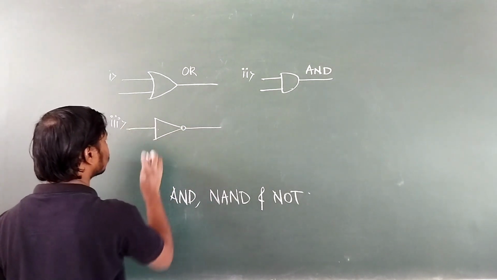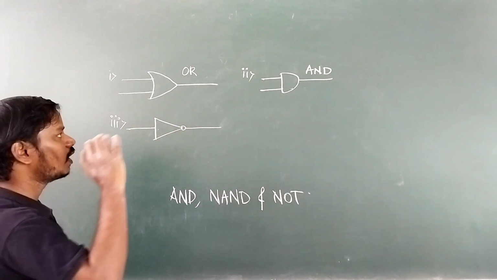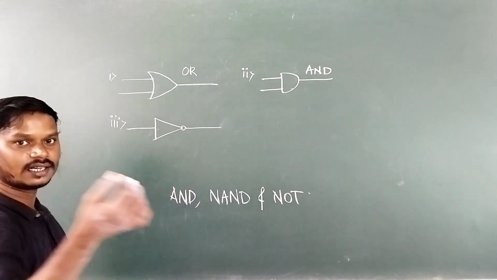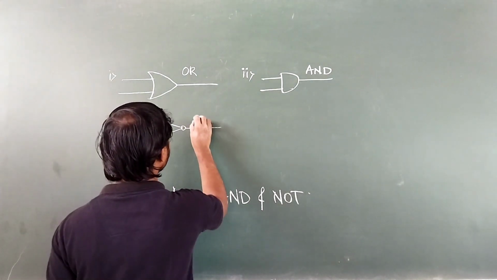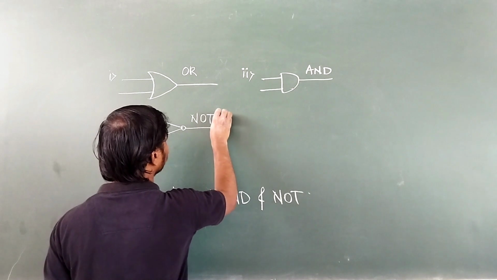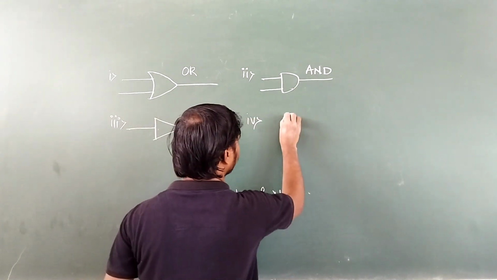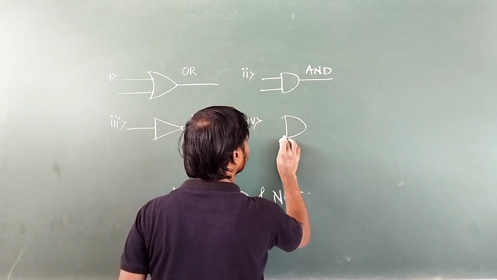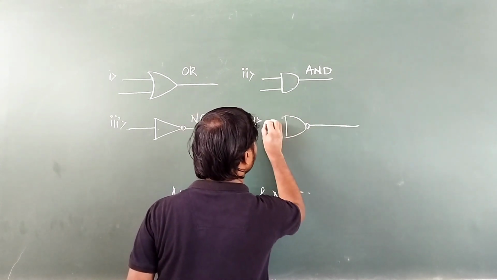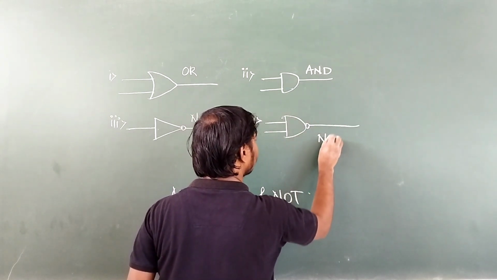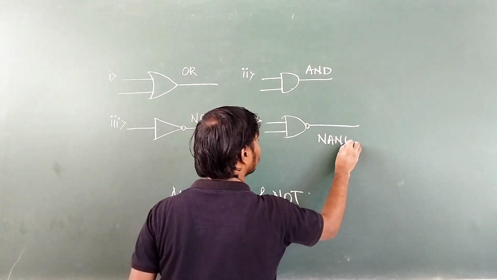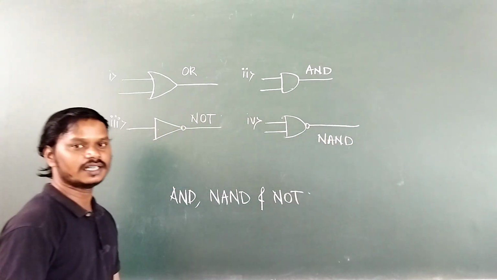So you already know the symbols of OR, AND, NOT, NAND and NOR. Then the fourth one is a NAND gate. This is NAND, because a NOT gate is connected to an AND gate, hence it becomes a NAND gate.